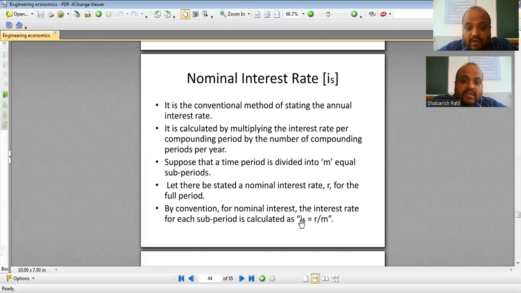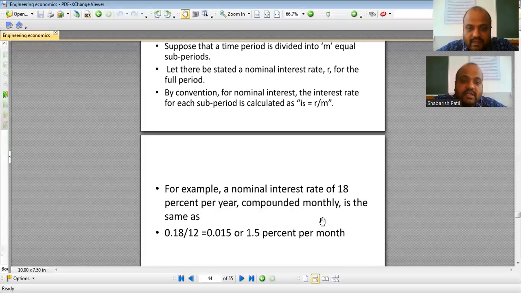Then your nominal interest for the sub period is equal to the total interest per period divided by the number of sub periods. That is, is equals r divided by m. Generally, in our next statements, we have taken this as i. Okay, r and i are one and the same here. Let us take an example.